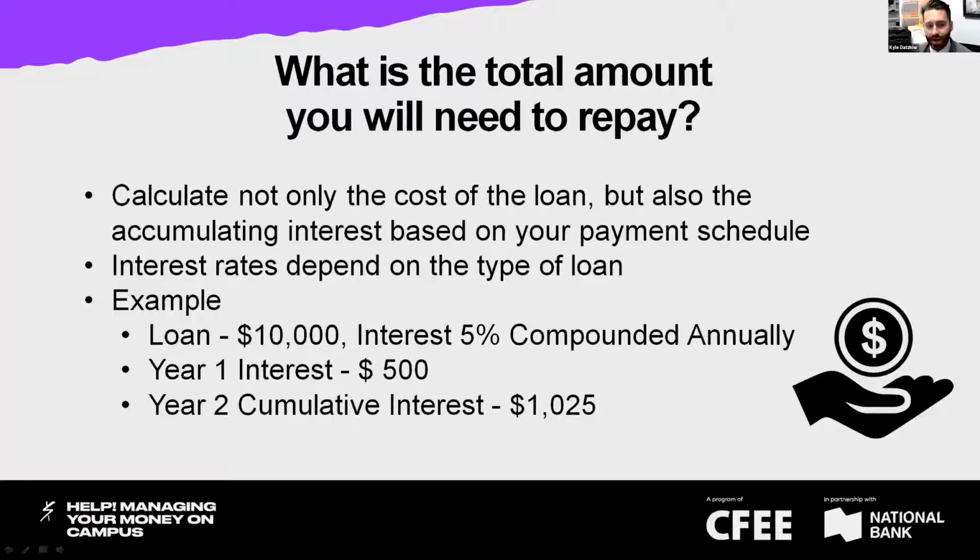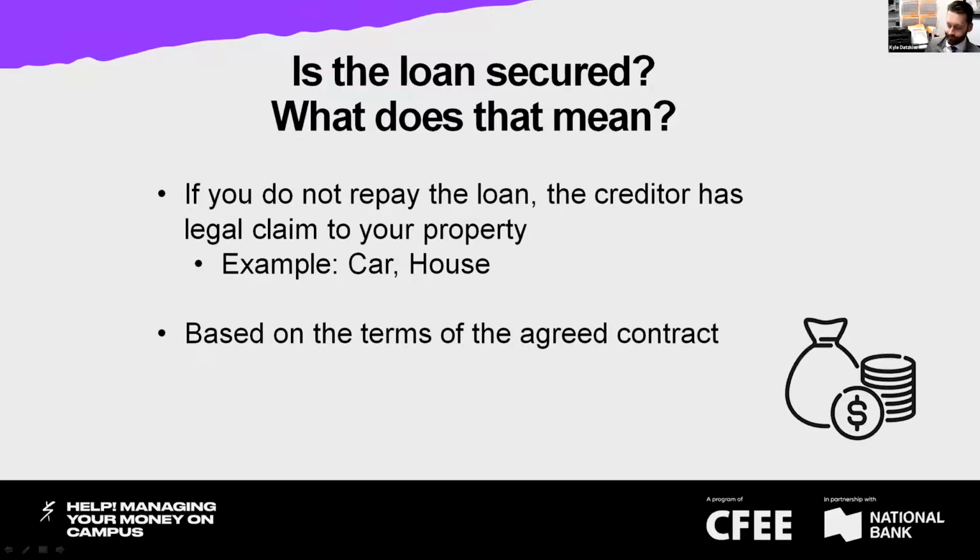It's very important to manage the compound interest, know what's coming month over month, and stay on top of these, looking at what I mentioned earlier, the implicit finance charge and the total amount that you're going to need to repay, which isn't just the principal amount, but also considers the interest.